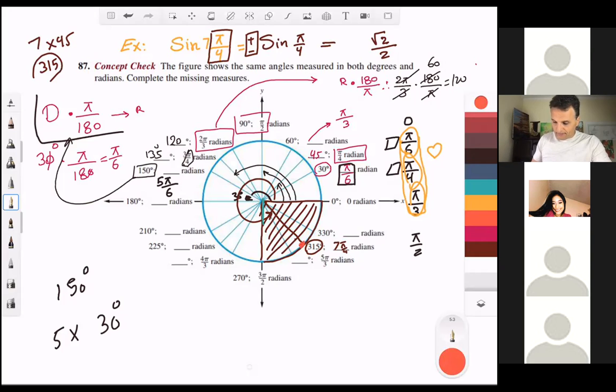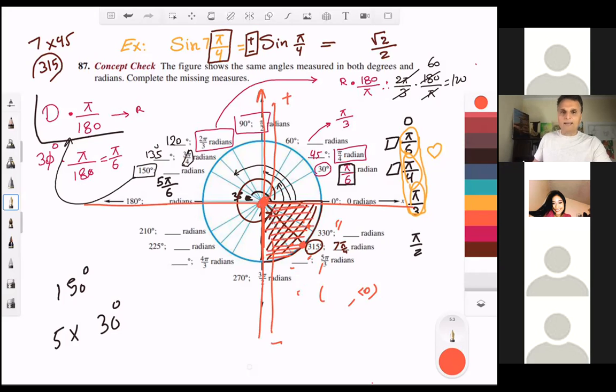Any point on this quadrant, the value of y is less than 0 because this y is sine, right? This is 0, so we are dealing with this axis. As 0 is here, if you go up, it will be positive. If you go down, it will be negative. So when you are here, the sign will be negative. It will be negative root 2 over 2.